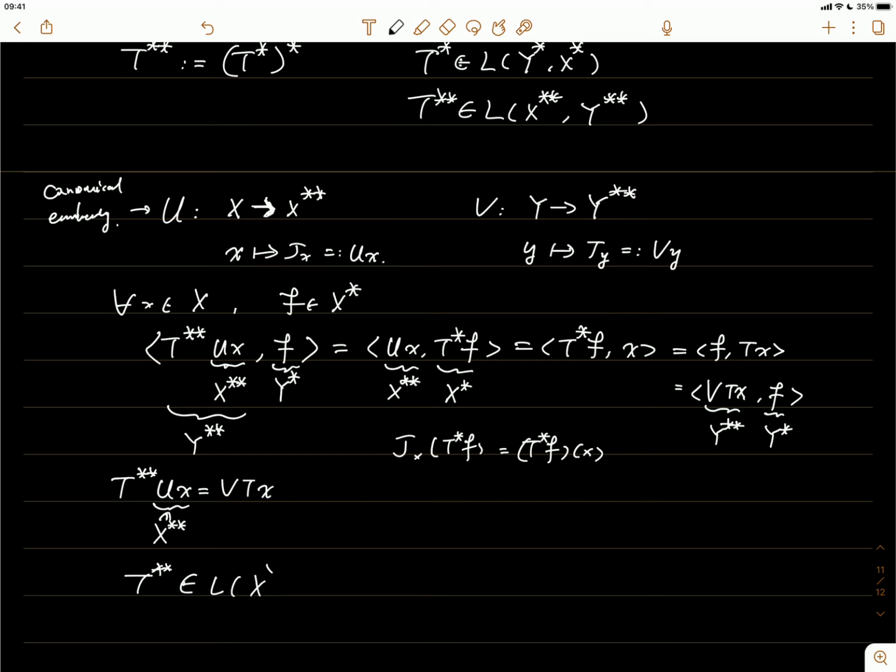Right now, when we restrict T double star to this closed linear subspace, which is the isometric embedding of the original X, it is equal to V applied to Tx. But remember the Tx here is in Y, so V of Tx is just the canonical mapping to Y double star. The whole thing is in Y double star.